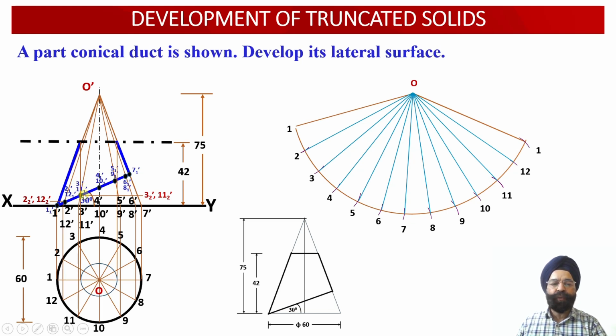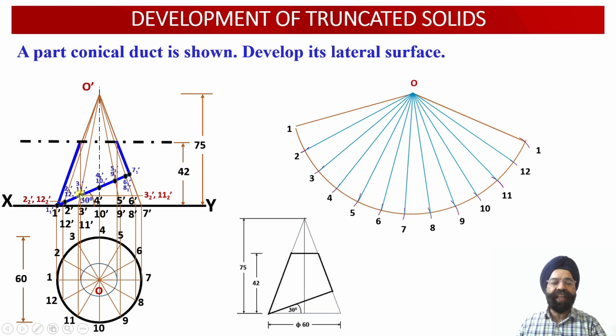Once we transfer these two apparent length points onto the true length over here, we can project onto the true length either on the left side or on the right hand side. In order to avoid congestion of points on one side of the axis, a few points we are going to label on the left hand side, and a few points we are going to transfer onto the right hand side true length over here.